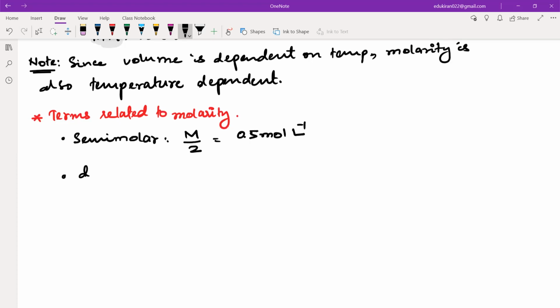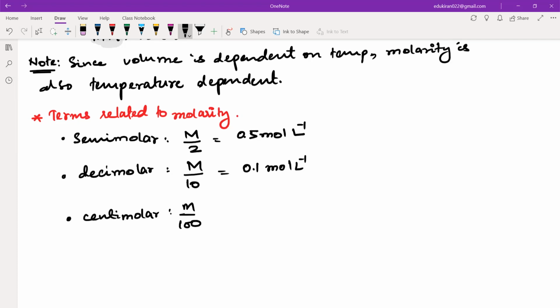There is another term which is known as decimolar. It means M by 10, that is 1 by 10, 0.1 molar, which means 0.1 moles per liter. Then one term is centimolar, which is M by 100, equal to 0.01 moles per liter.